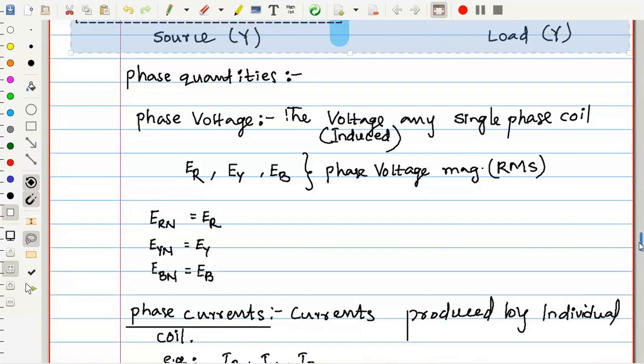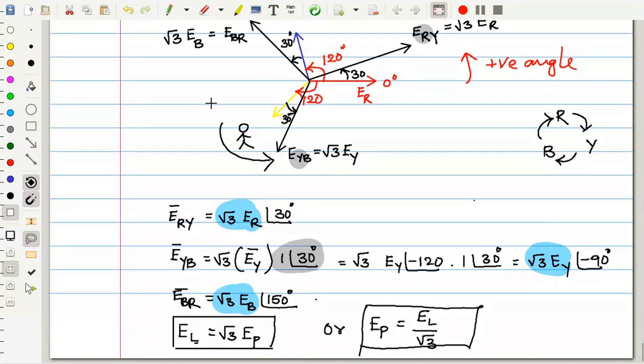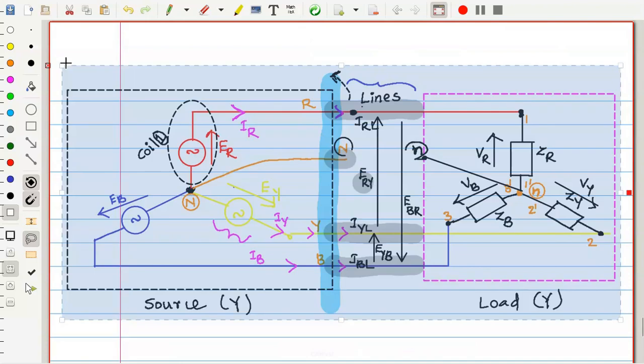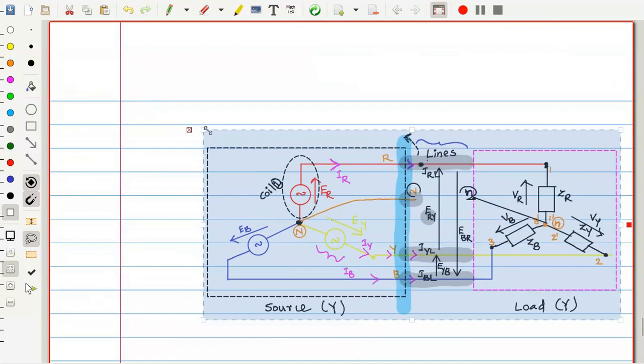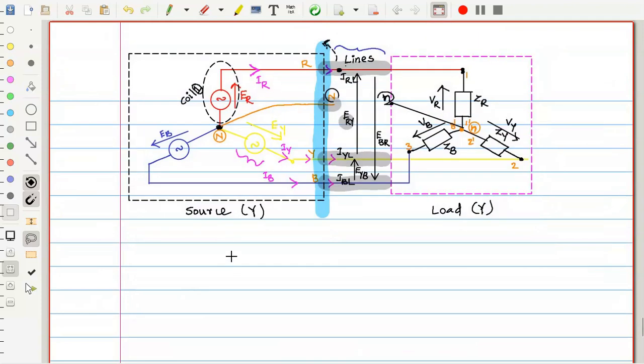Right. So now the next focus is on the load side. So far we had concentrated on the source side. Now let me concentrate on the load side first, then we go with some kind of analysis. So now the load side, I will write like this.